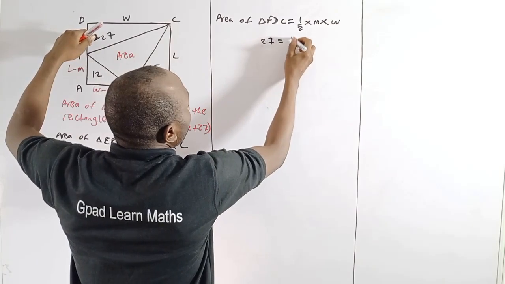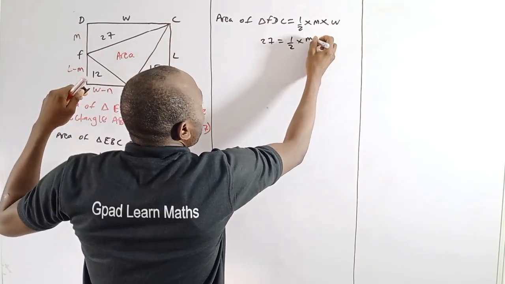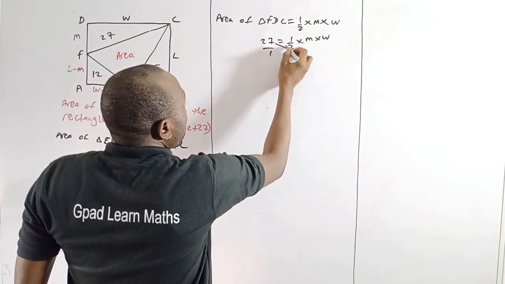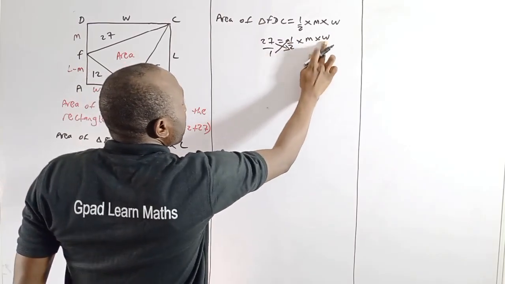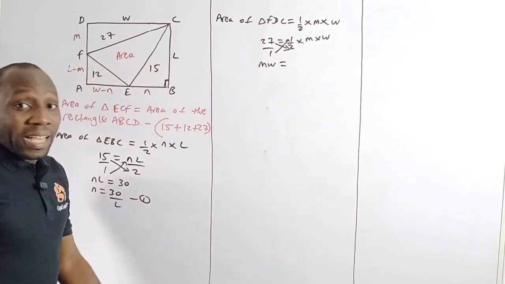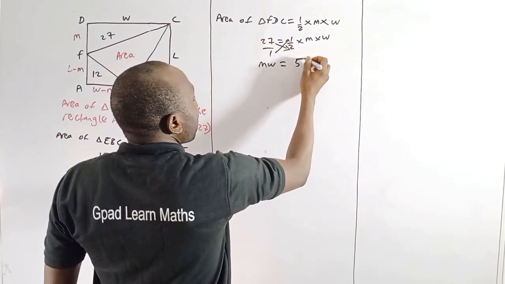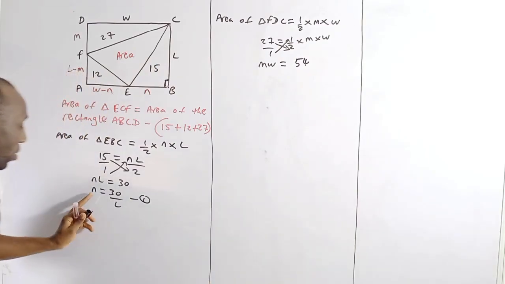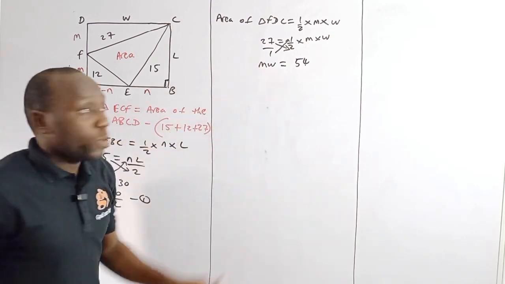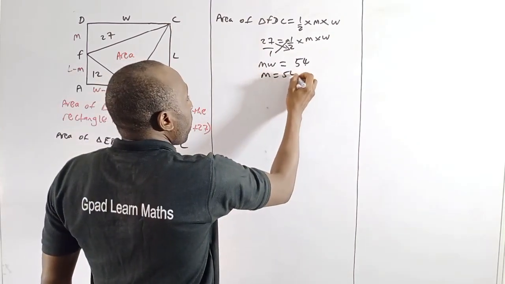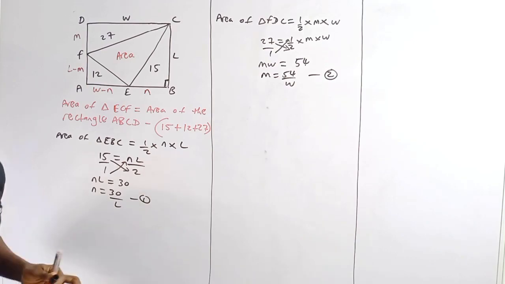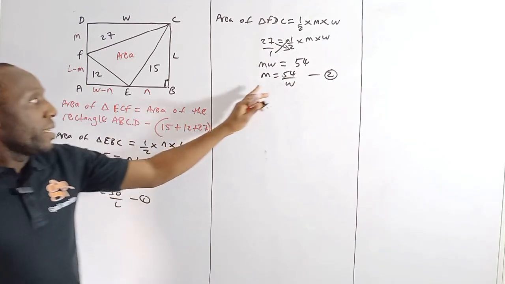So 27 is equal to half times M times W. If I cross multiply, I have that MW is equal to 27 times 2, which is 54. So now let's get M in terms of W. Divide both sides by W. M will be equal to 54 over W. This is equation 2. So we have gotten an expression for N and then for M.